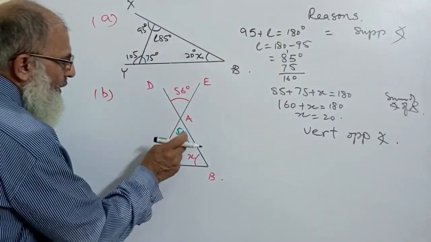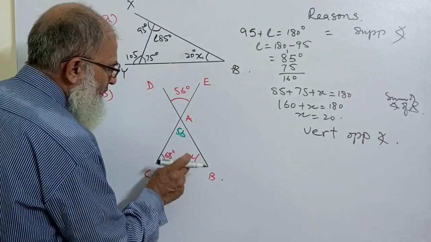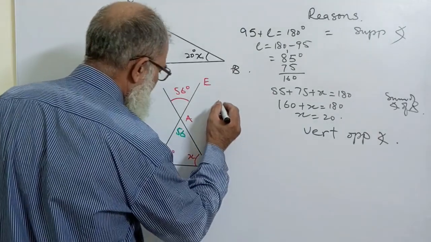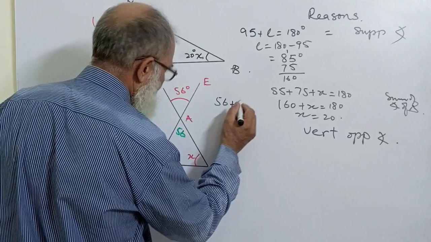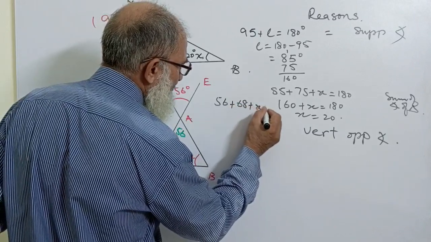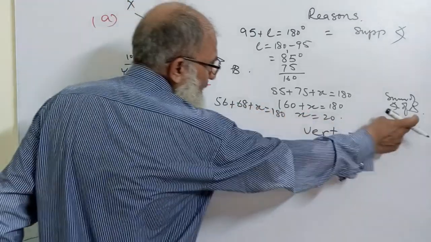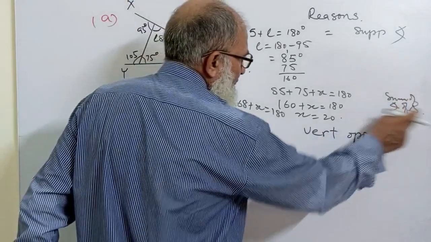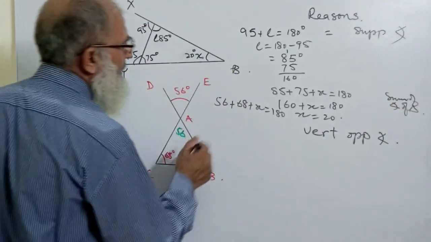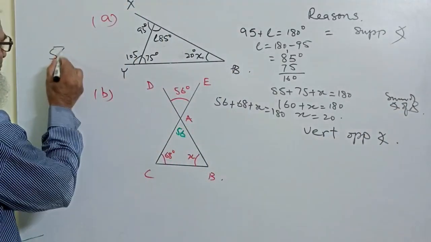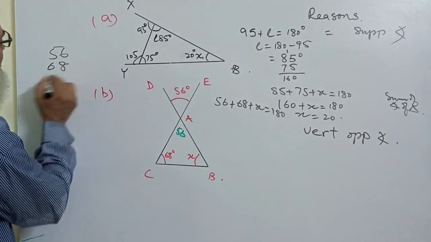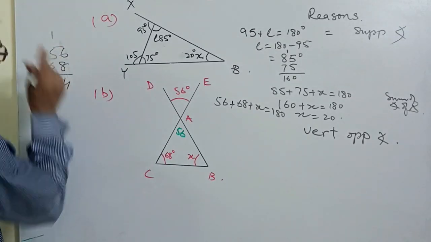Now adding up these two, we'll get here 56 plus 68 plus x is equal to 180 degree. The reason is this: sum of angles of a triangle is equal to 180 degree. So 56 plus 68 is 124.